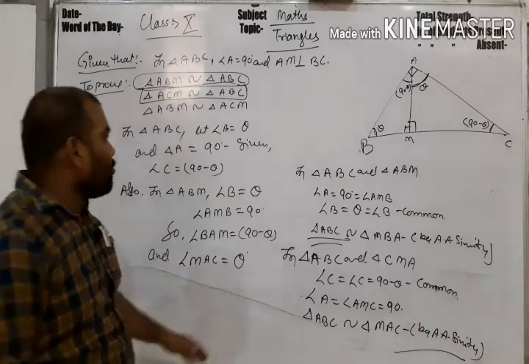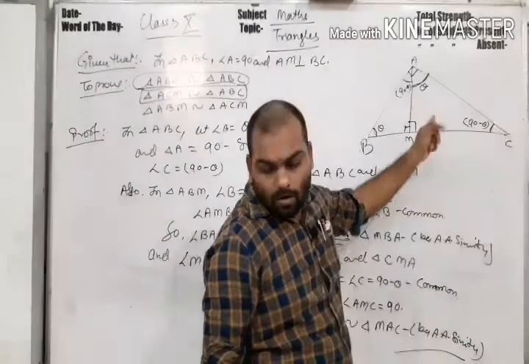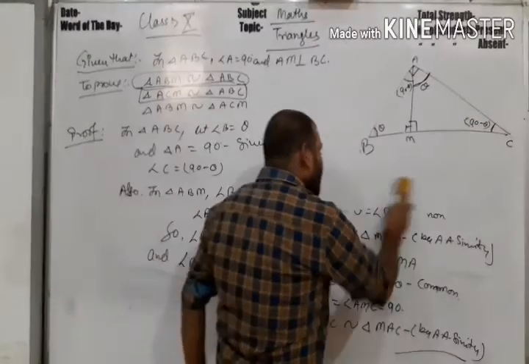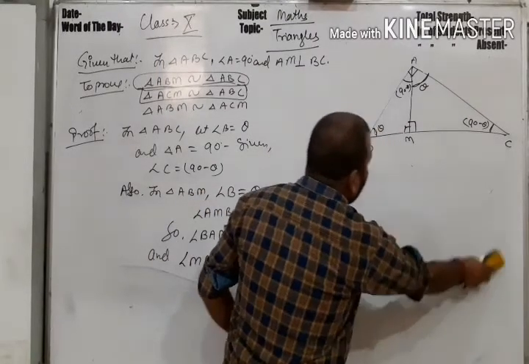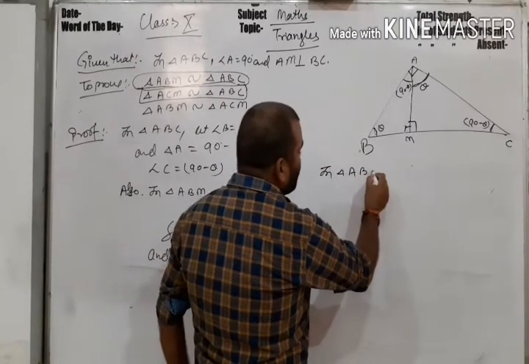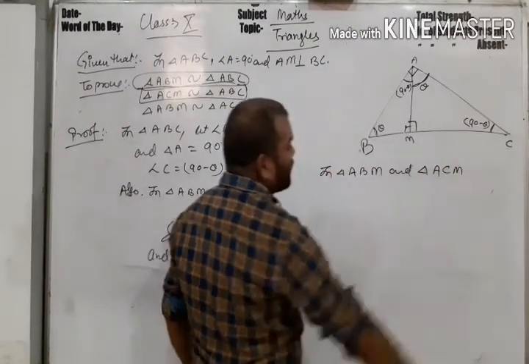Now we have to prove that these two triangles are similar to each other. So how will we prove these two triangles? Just write the names in triangle ABM and triangle ACM.